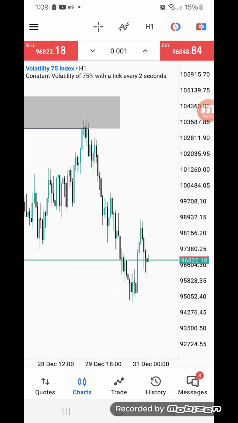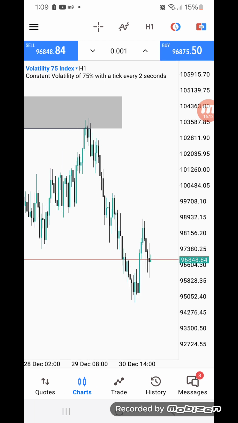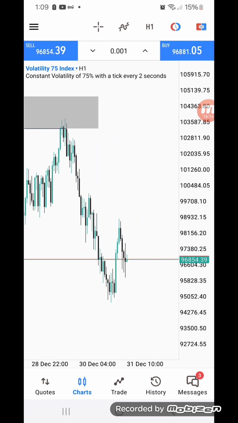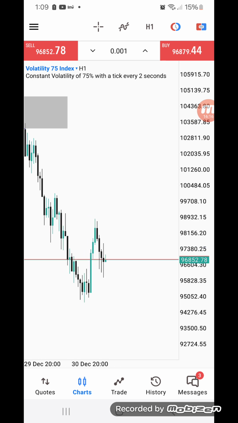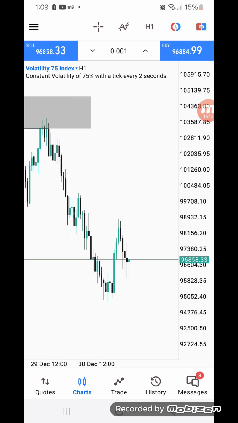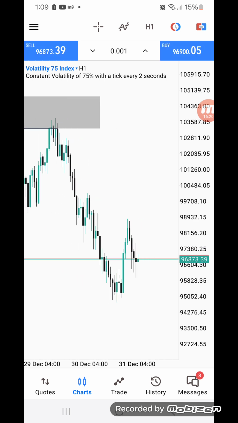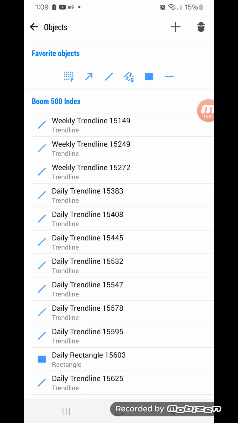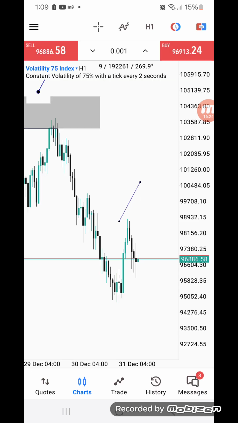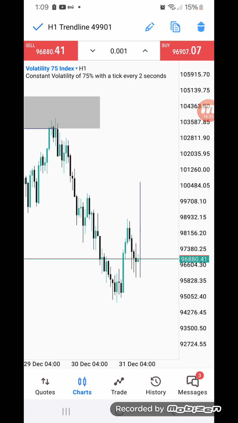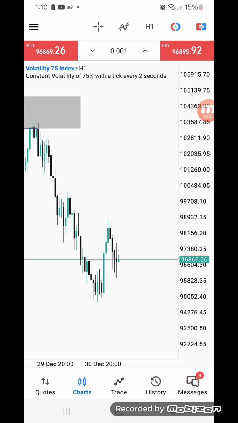On the 1-hour time frame, there is nothing much happening, because the market just gave us a little retracement, and we can see it is still pushing to the downside to continue heading to the lower side liquidity.